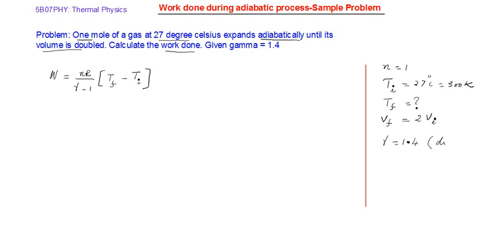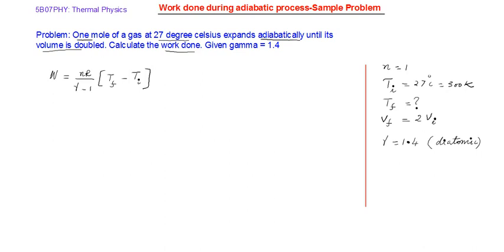So in some problems you will be given gamma directly, or otherwise they can tell you that 1 mole of a diatomic gas. When you say it is a diatomic gas, you will have to recall that for diatomic gas, gamma is equal to 1.4.